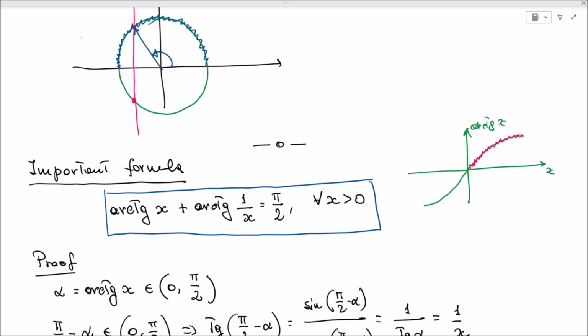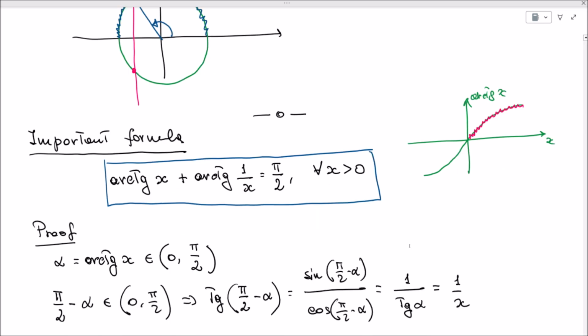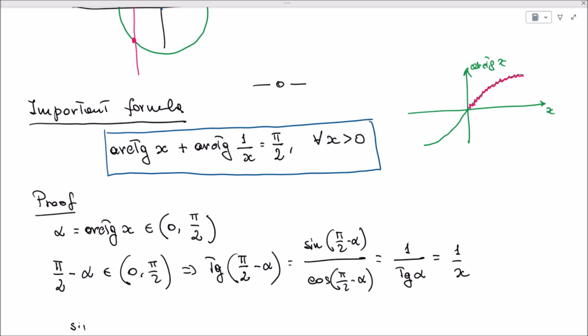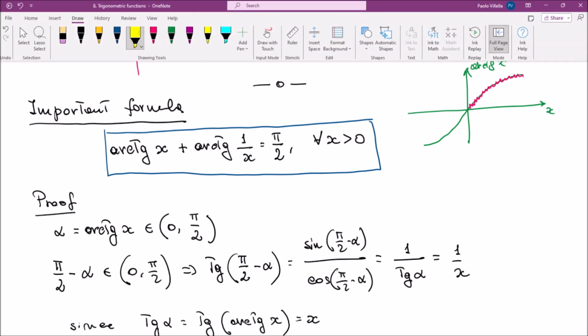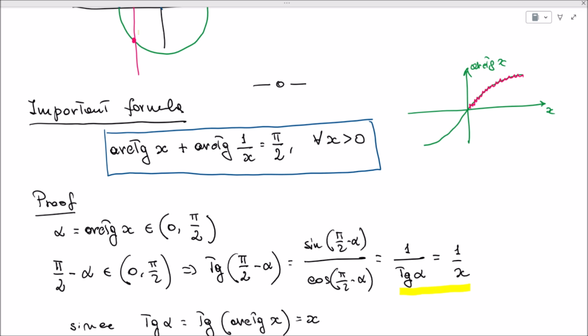Why? Because tangent of alpha would be equal to the tangent of the arc tangent of x, and because we are in the interval 0 to pi over 2, we know that this is well defined, so this is equal to x. So this proves that 1 over tangent of alpha is just equal to 1 over x.